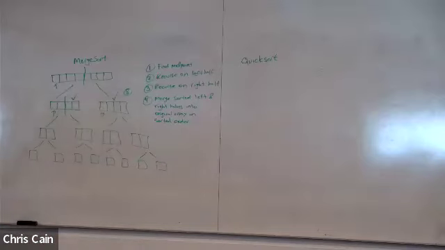How many total cells are there in this tree? So there's 8 here. If we add up all of the total numbers in the tree, there are 32 total numbers here.